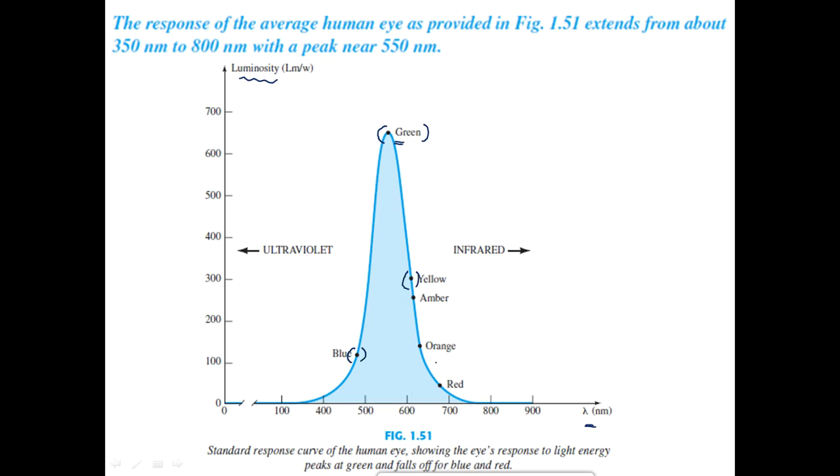For blue, for orange, for red it is slightly lower, but for green color the average human eye response is maximum, with a peak near 550 nanometers wavelength. It may differ for other living beings; this is just for the average human eye.